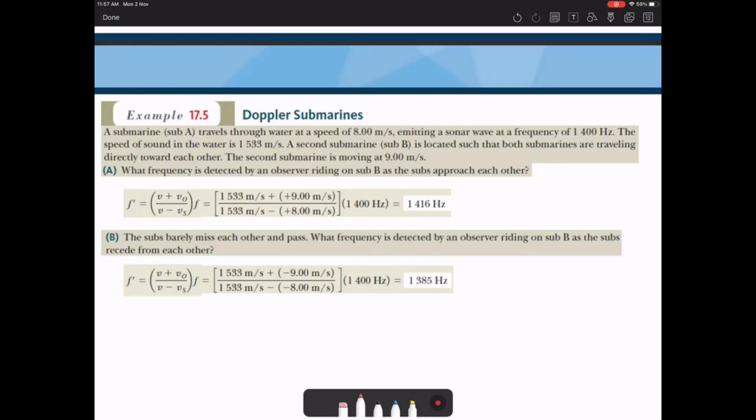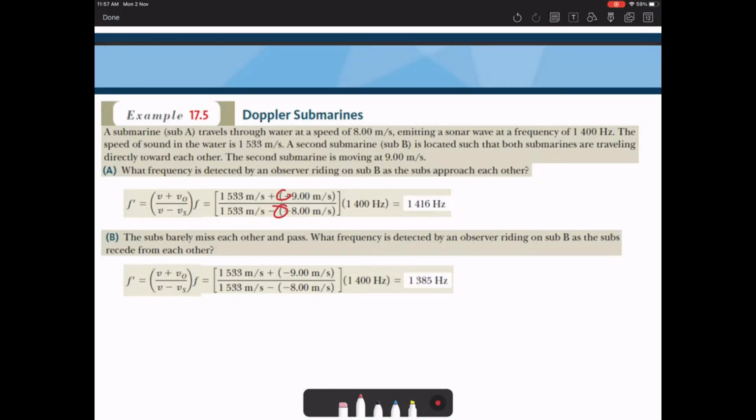V plus V naught over V minus Vs, where you put the speed to be positive. For this example, the textbook assumes that when the source and the receiver are approaching one another, they would be using positive speeds.